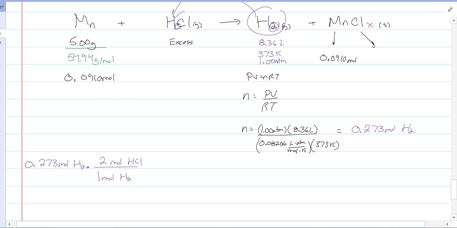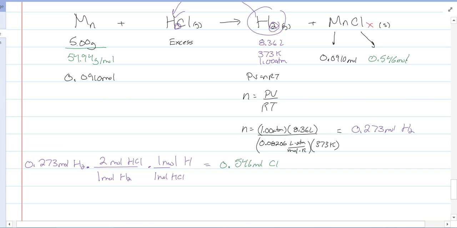And I know that 1 mole of HCl has 1 mole of Cl. So that means we actually produce 0.546 moles of Cl. So I got that.